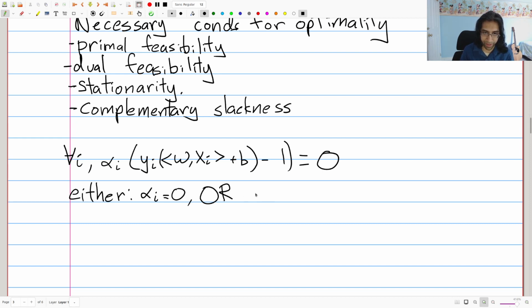let me write it as follows: yi hat. Remember, earlier I denoted this term here as yi hat. So yi hat minus 1 is equal to 0, because we have a product of two things. One of them must be 0, or both.